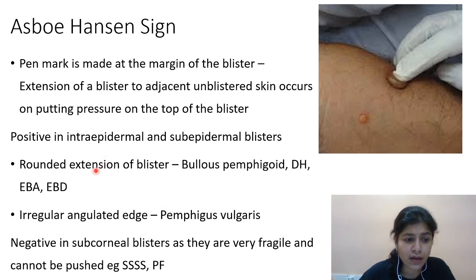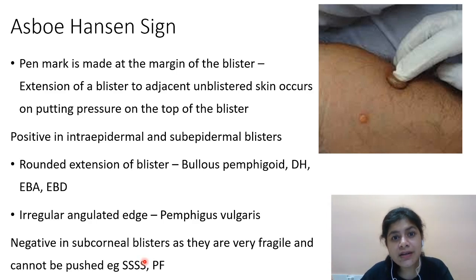Now, also remember that you cannot do it in staphylococcal scalded skin syndrome for the same reason, that in staphylococcal scalded skin syndrome, the blister is subcorneal, because again you have damage to desmoglein 1, but in staphylococcal scalded skin syndrome, or Ritter's disease as it is called, the blistering is not because of antibodies, okay?